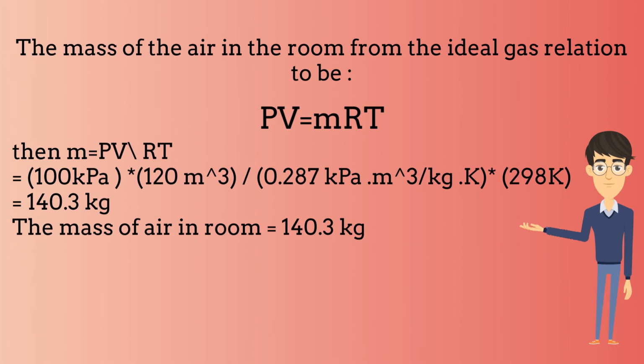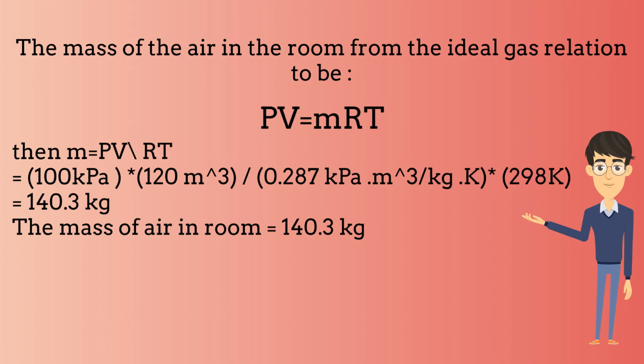So the mass of the air in the room, from the ideal gas relation, is PV equals mRT. P is the pressure, V is the volume, m is the mass, R is from the table, and T is the temperature.